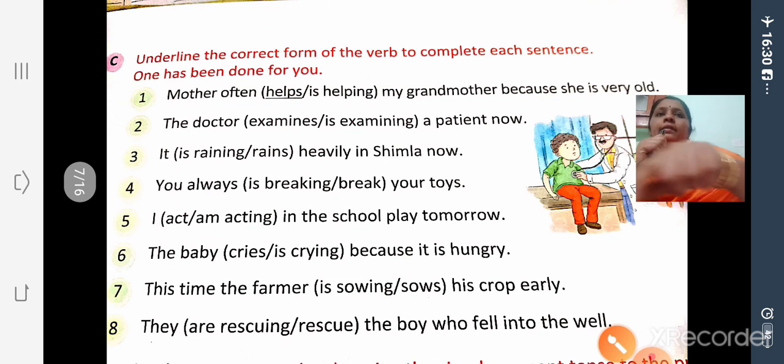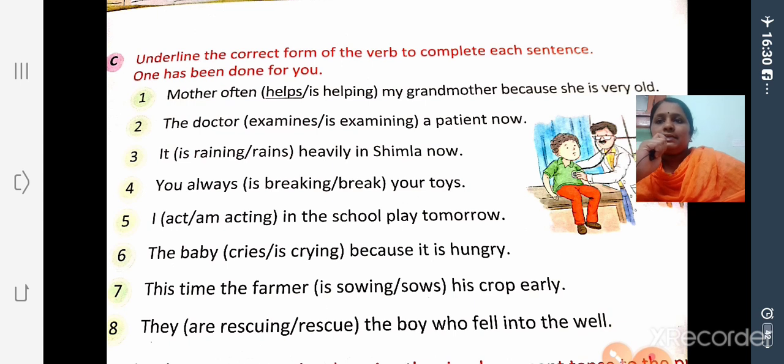Now underline the correct form of the verb to complete each sentence. That is, if it is a regular habitual action, we have to use the base form or add s or es. And if it is a continuous action, present continuous tense, we have to identify whether it is simple present or present continuous.